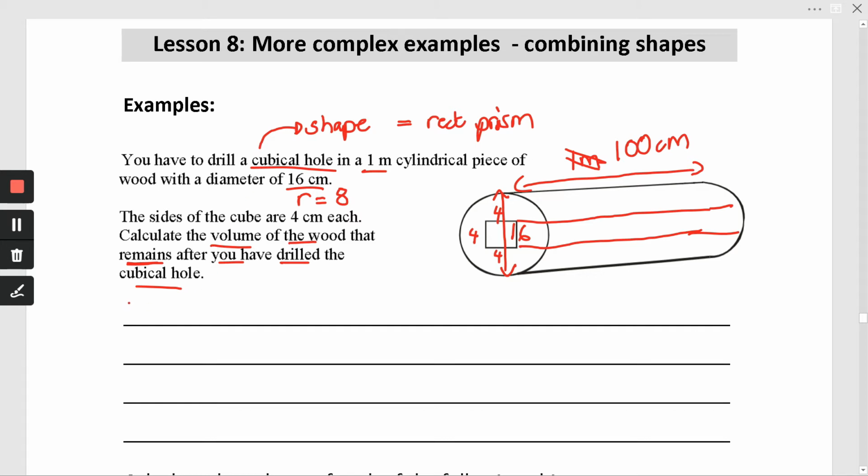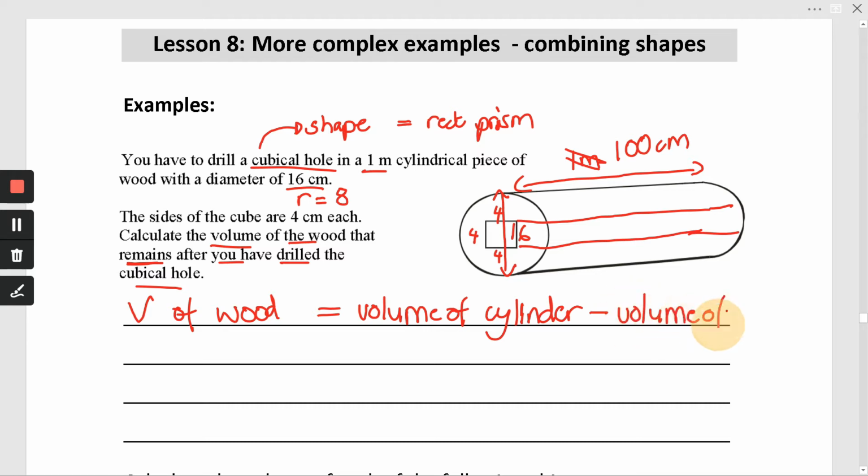Right, so the volume of wood in this case is going to equal the volume of the cylinder minus the volume of the hole. And the hole is a rectangular prism.